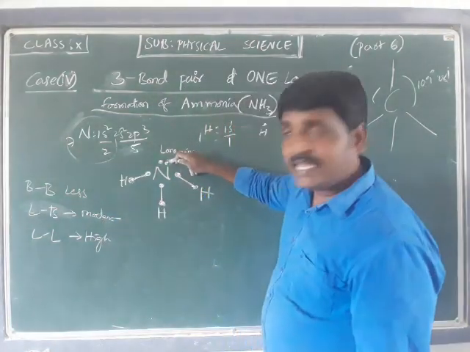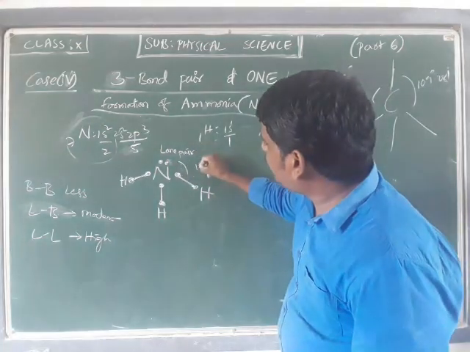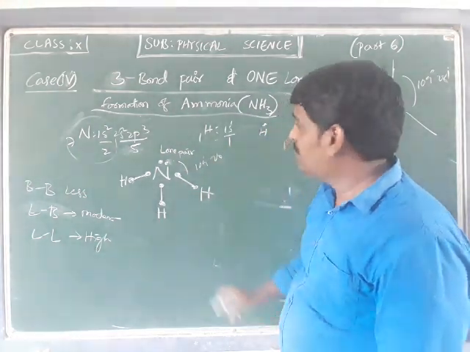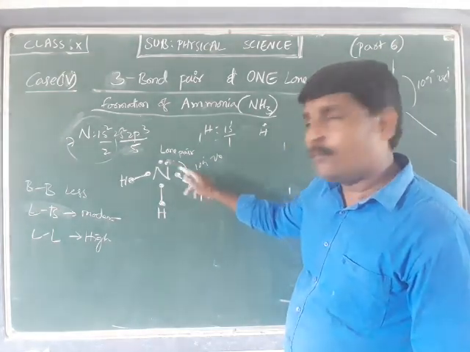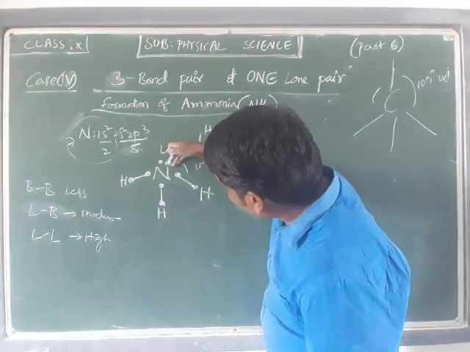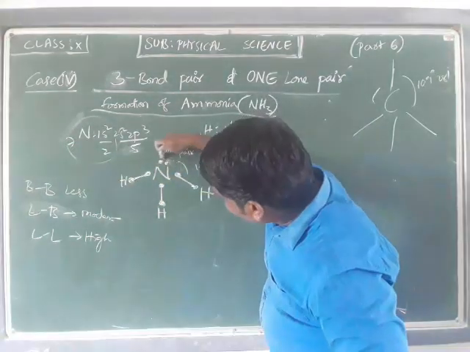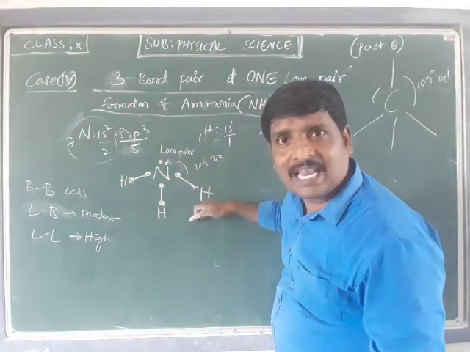So what happens? We are expecting that the bond angle is 109 degrees 28 minutes, but due to the repulsion, each one pushes the other away. This lone pair cloud will push the bond pair clouds away.